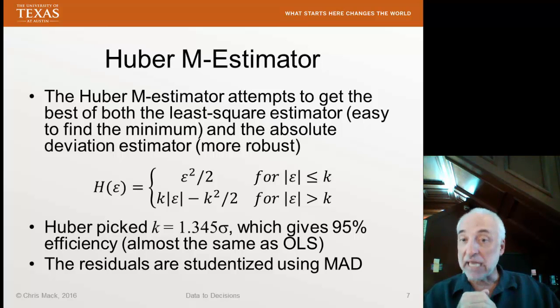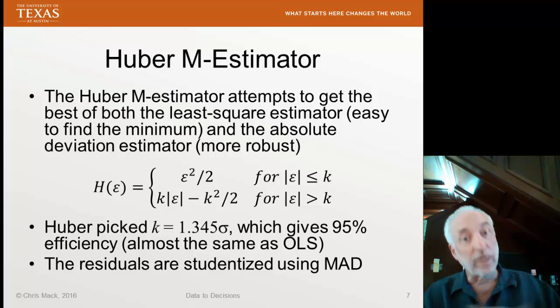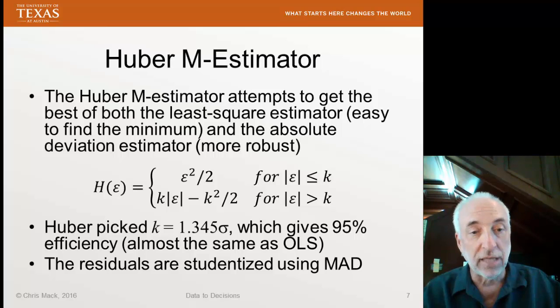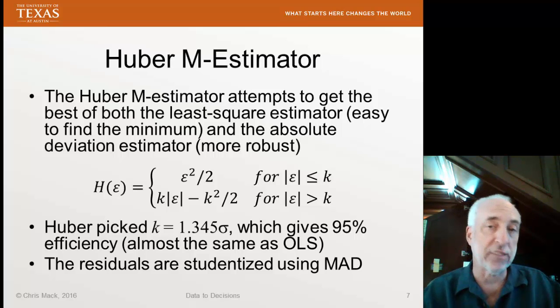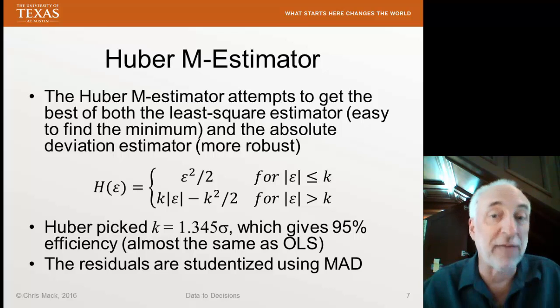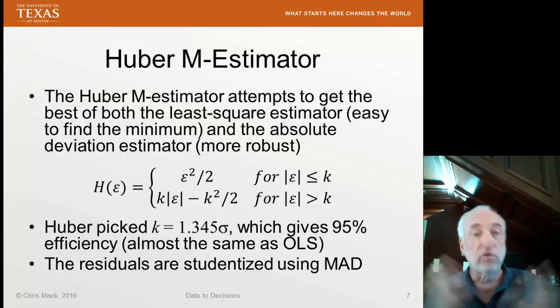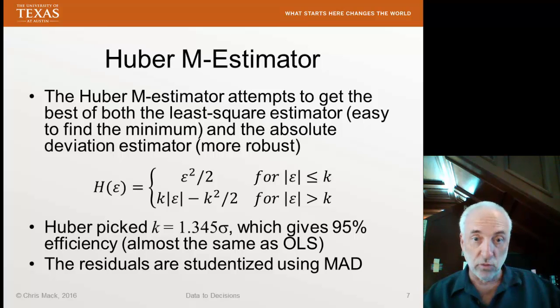So if we pick that, it turns out that the Huber M-estimator is 95% as efficient as ordinary least squares. We're only suffering a 5% loss in efficiency. It's very, very manageable. And yet, for extreme deviations, we're weighting as the absolute value of the deviation rather than as the square of it.